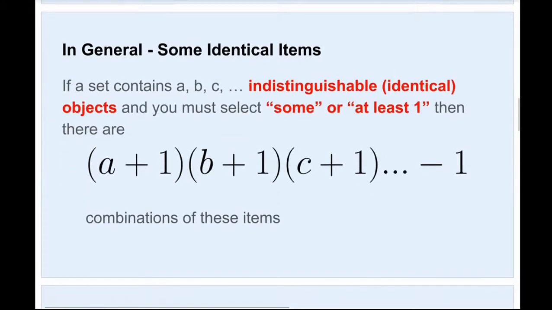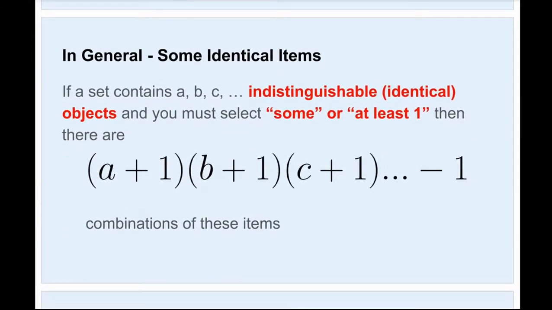This also works when we're dealing with some identical items. So in this case, if a set contains A, B, and C indistinguishable or identical objects, and you must select some or at least one. If we're dealing with multiple objects that are the same, then this changes it.